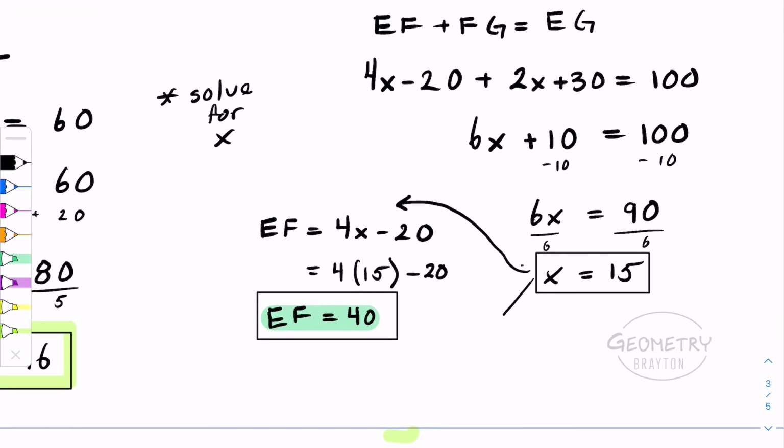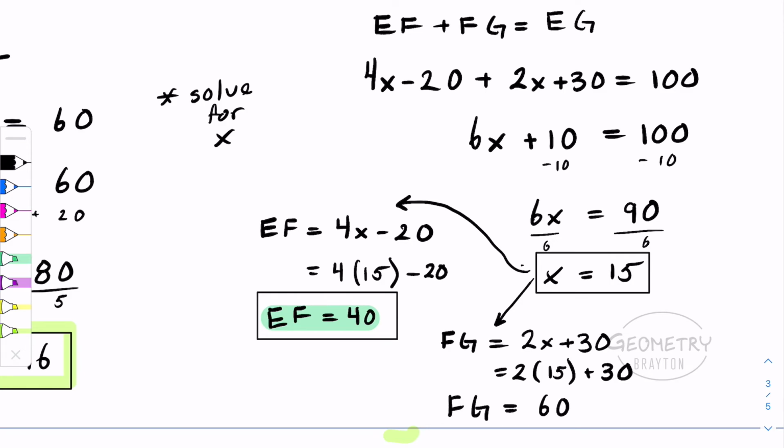And then we have segment FG. FG is equal to 2x plus 30. Substitute 15 in for x. Once you do that, you have 2 times 15 plus 30, which is 60. FG is equal to 60.